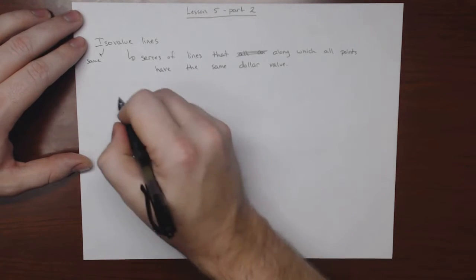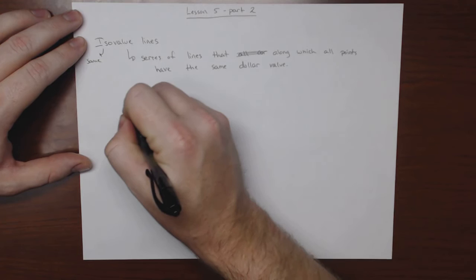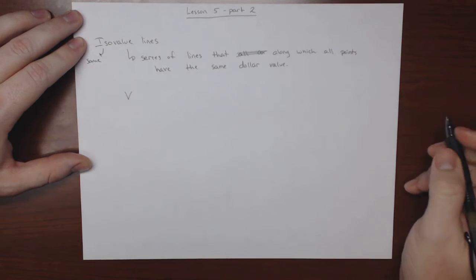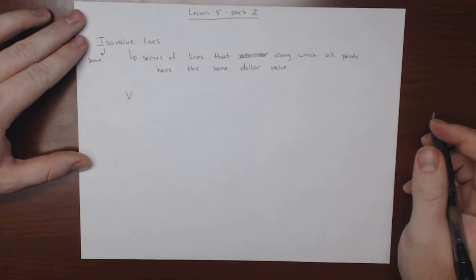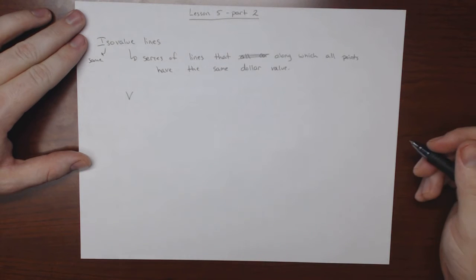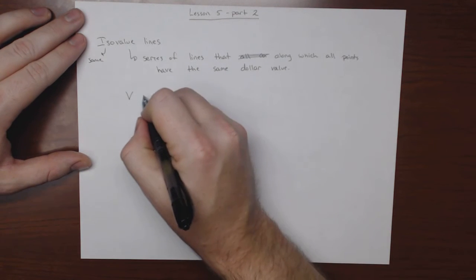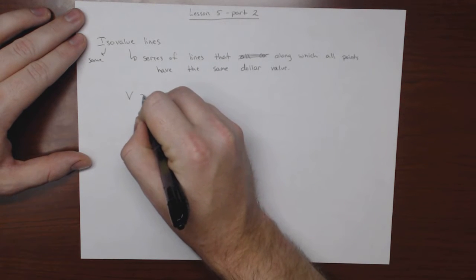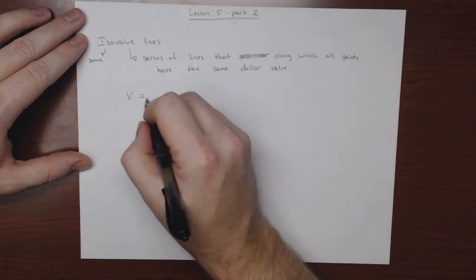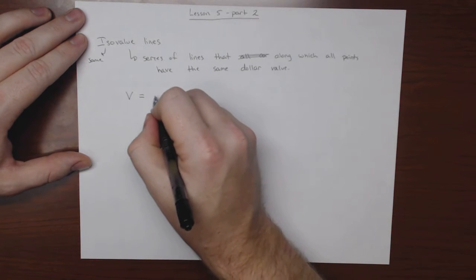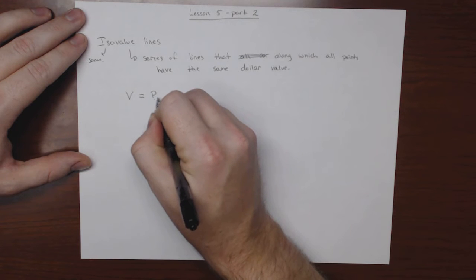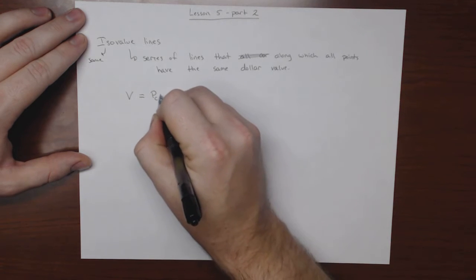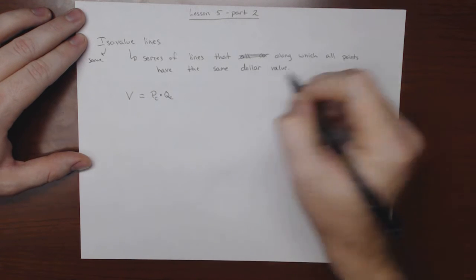value. Okay, so let's define value as V. Okay, so we're going to say the total value of all the cheese and all the wine is equal to V. And the way we would determine this is we'd say the total value must be equal to the price of cheese times the amount of cheese produced.